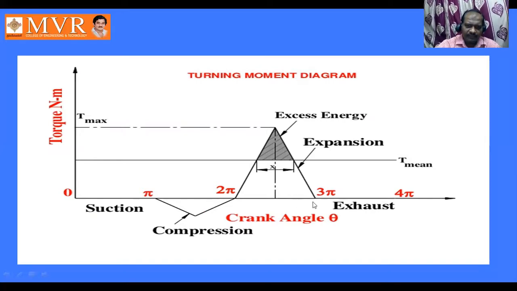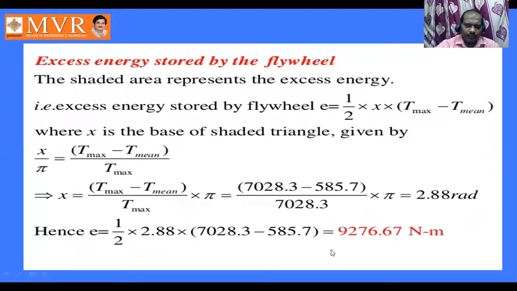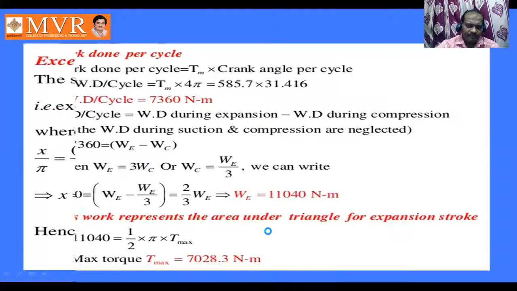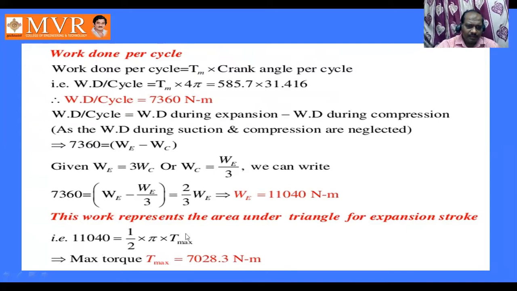Base is pi value, height is 0 to T maximum. Half is the formula. Thereby we can get T max, that is 7028 Newton meter. So T max we have obtained.